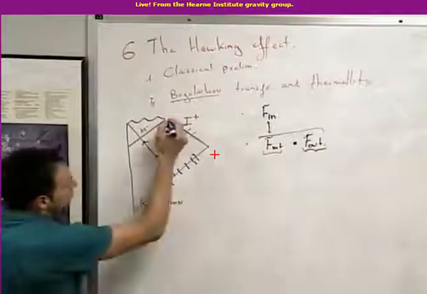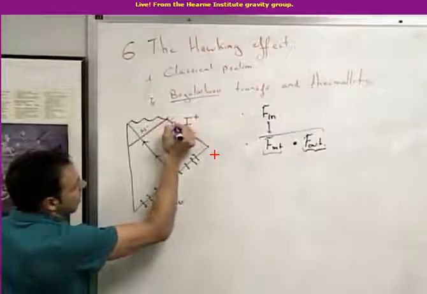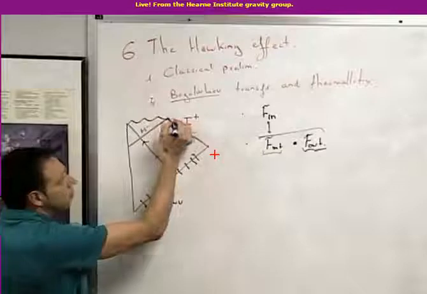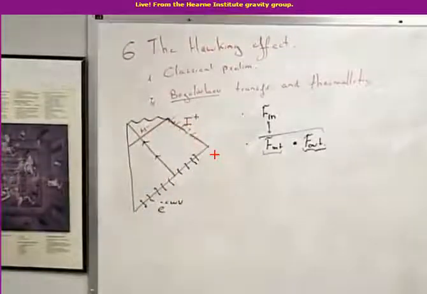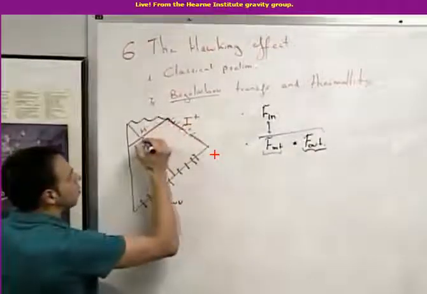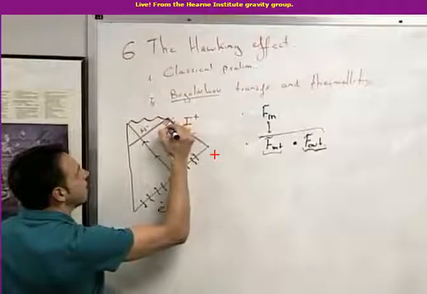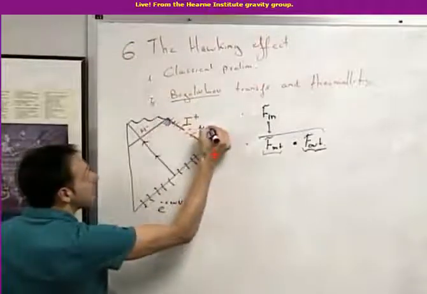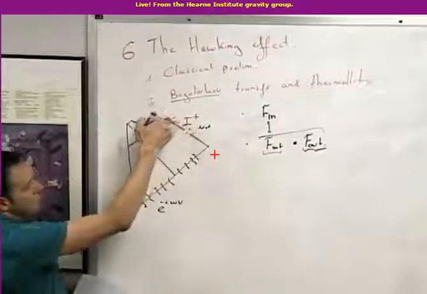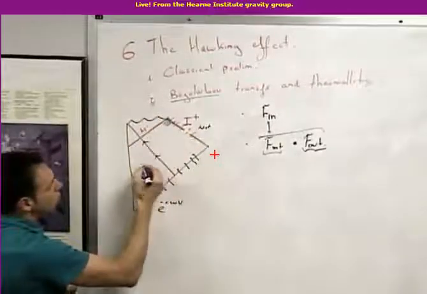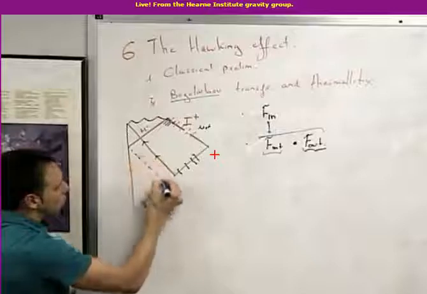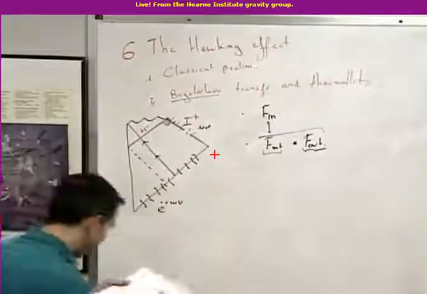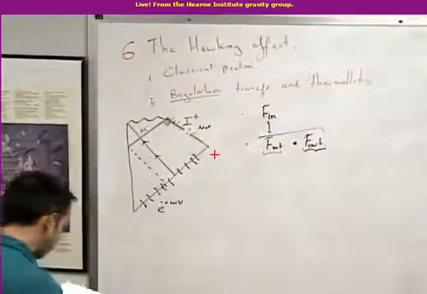We focus on modes reaching Scri plus at very late time, because this is where the Bogoliubov coefficients are non-trivial. So we focus on modes which will reach Scri plus at late times, late u out, and that therefore when you propagate them backwards in time, they are close to the horizon. And the last thing I wrote was those Bogoliubov coefficients.